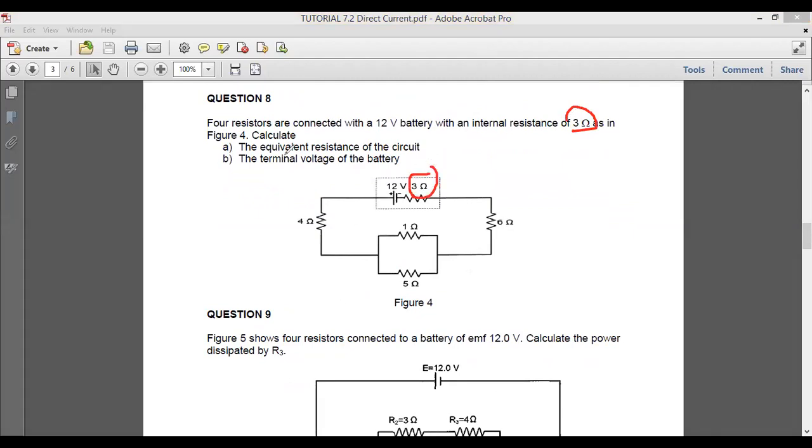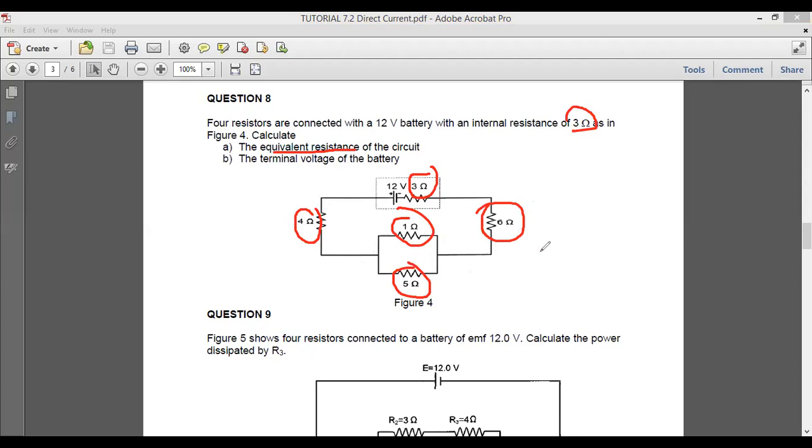You want to calculate the total resistance of the circuit, which refers to the external 6 ohm, 1 ohm, 5 ohm, and 4 ohm. You have a parallel connected in series and another resistance also in series. So you need to calculate the total equivalent resistance of the circuit, which refers to the external resistance.